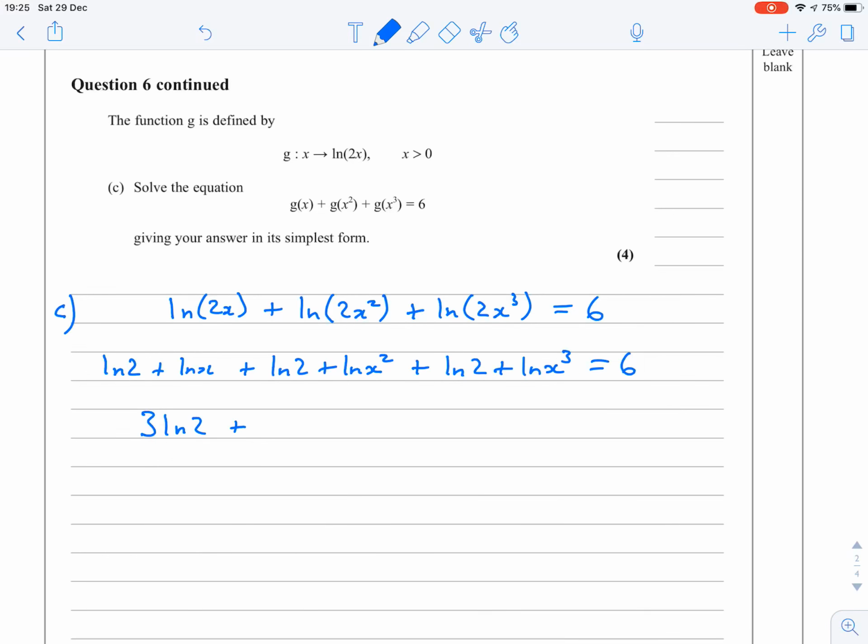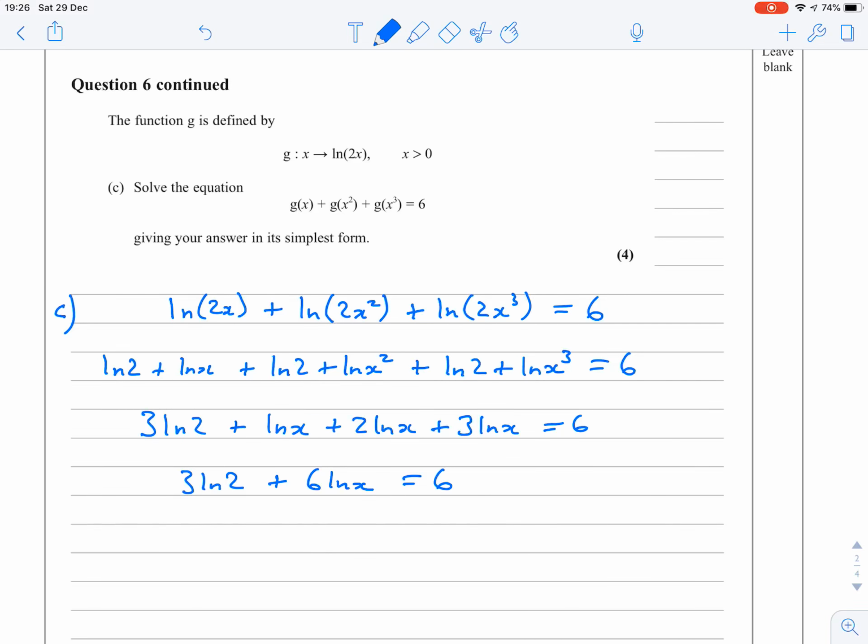And then I'm going to give these other 3 logs in terms of log x. So the first one is log x. Log x squared, I can pull the 2 to the front and it becomes plus 2 log x. And log x cubed, I can pull the 3 to the front and it'll be plus 3 log x. So that gives me 3 log 2 plus 6 log x is equal to 6.